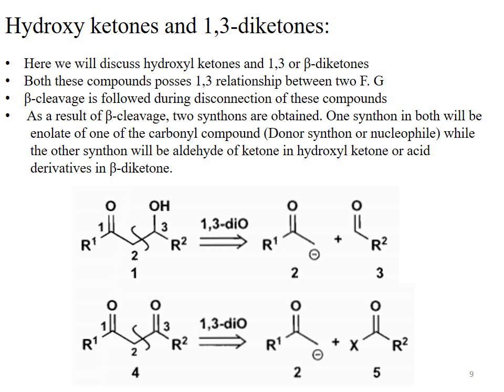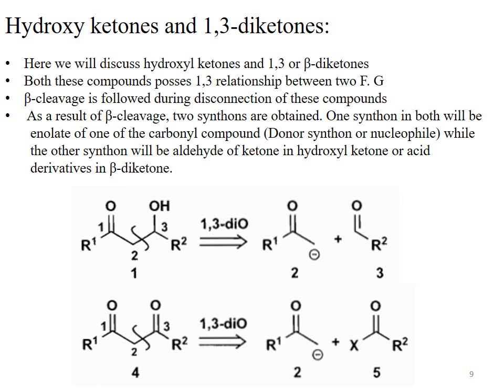So I am giving you a hint. See the compound. If it is a hydroxyl ketone, then disconnect a beta bond. When you disconnect a beta bond, we will obtain two fragments. The one fragment must be the enolate.